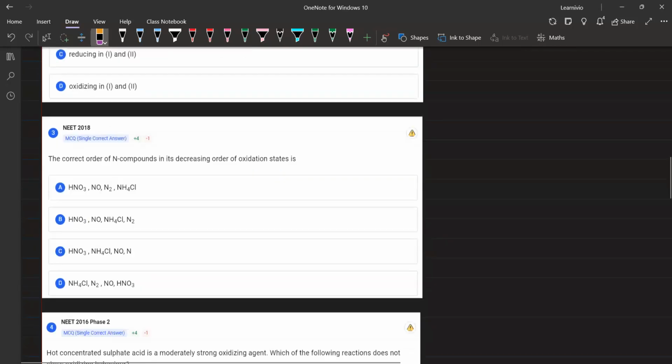The correct order of N compounds in its decreasing order of oxidation state. So here you have to calculate the oxidation state of all the nitrogen atoms and arrange them in decreasing order.